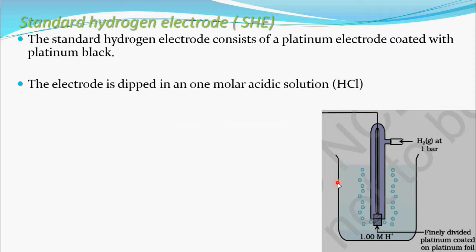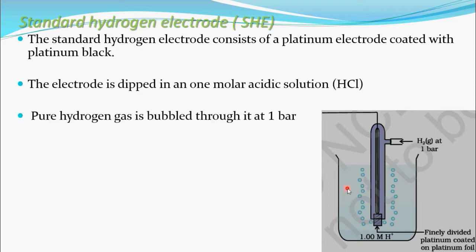This whole electrode is dipped in 1 molar acid solution, and pure hydrogen gas is bubbled through it at 1 bar pressure.